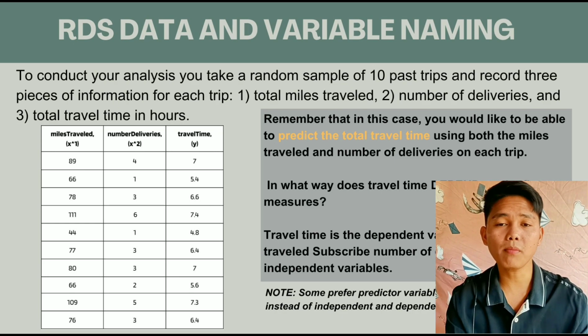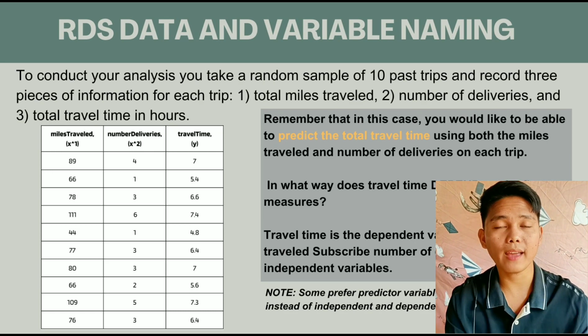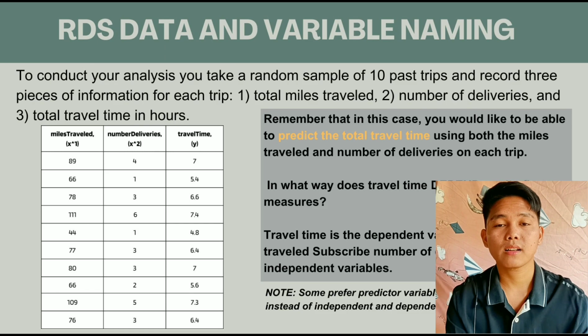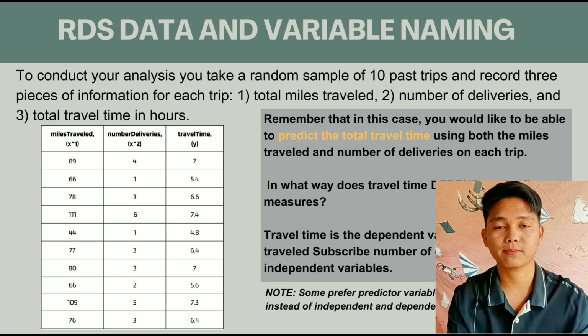Now remember that in this case, we would like to be able to predict the total travel time using both miles traveled and number of deliveries for each trip. So the question is, in what way does travel time depend on the first two measures?